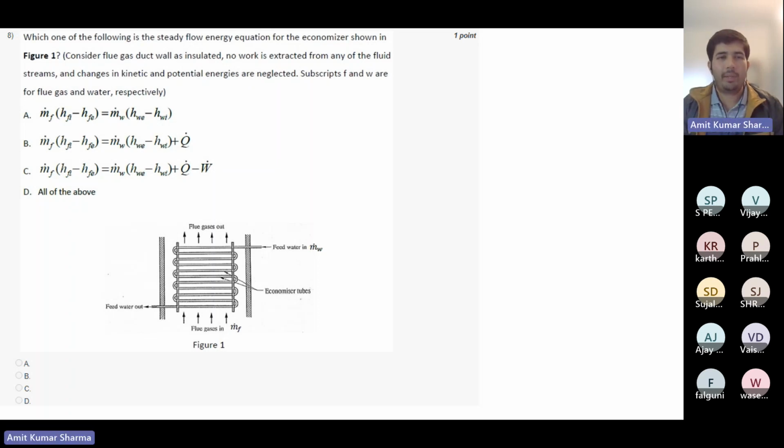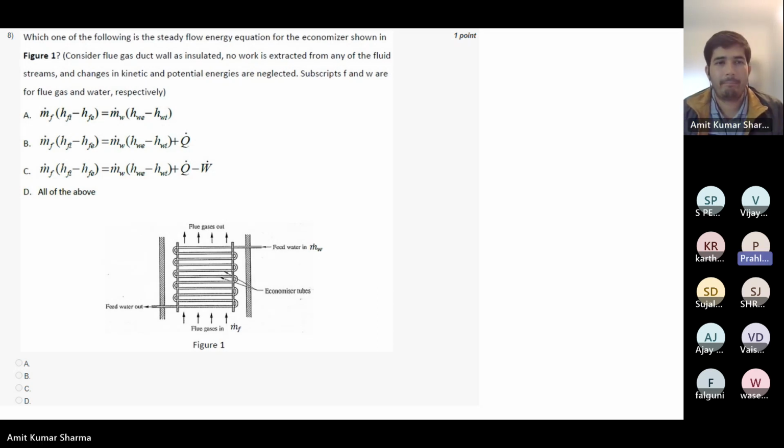Okay, let's start with option B. Yeah, please present your reasoning. Here it is for the steady flow case. There is no work done. There is no work extracted from any of the fluids, but there is an energy transfer in terms of heat energy.